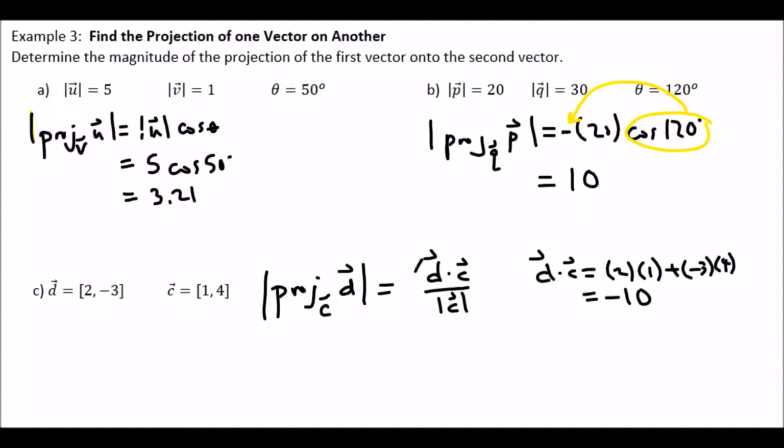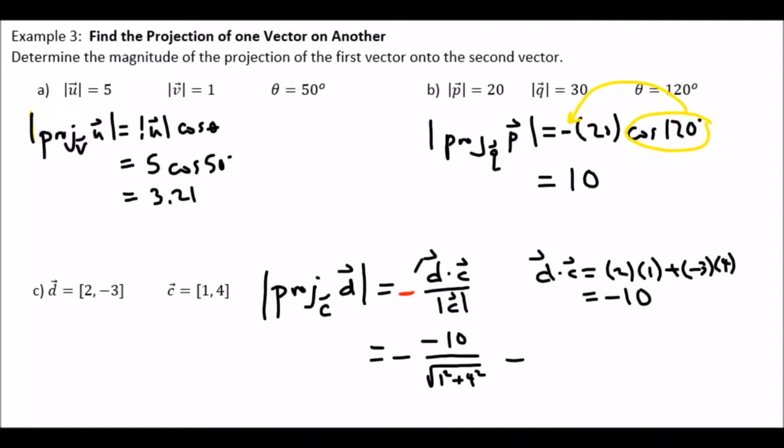So because my dot product is negative, I've got to put a negative right here. Again, why? Because the dot product is negative, and I get that double negative to give me a positive. So here I'm going to have negative 10 in the numerator, over the magnitude of C, so it's going to be the square root of 1 squared plus 4 squared.